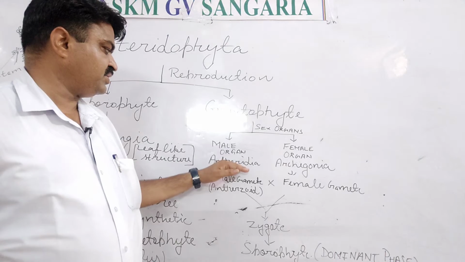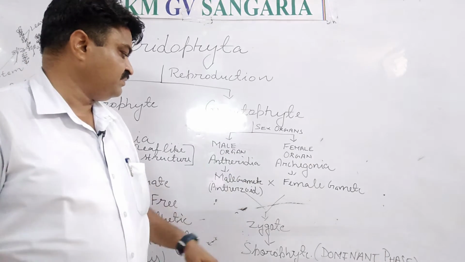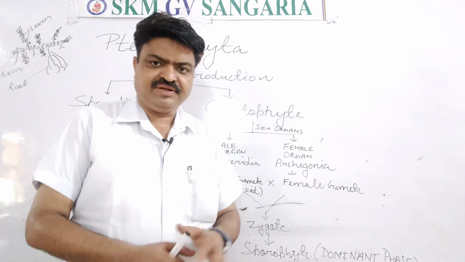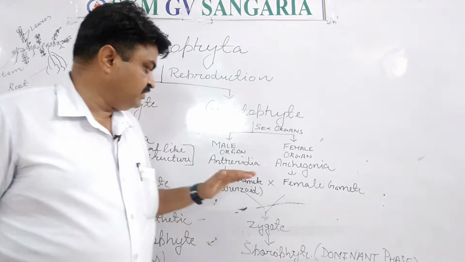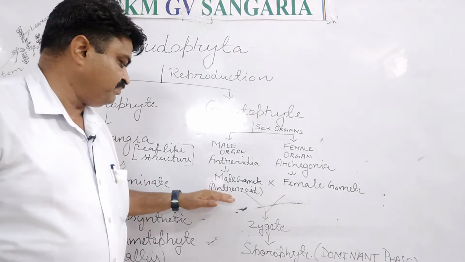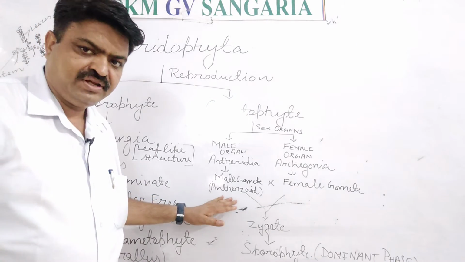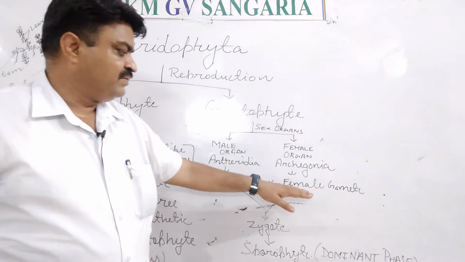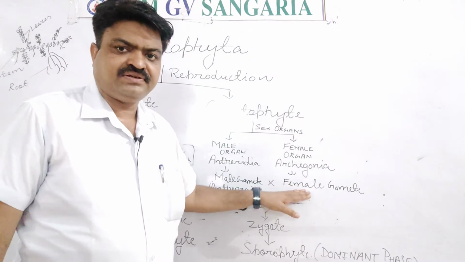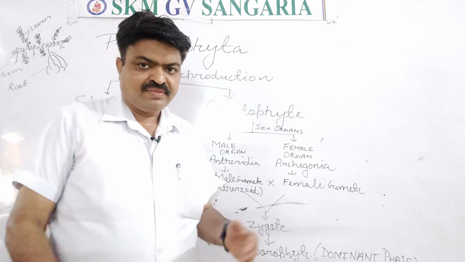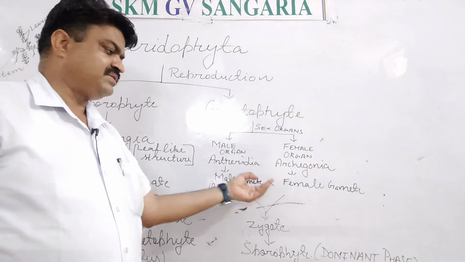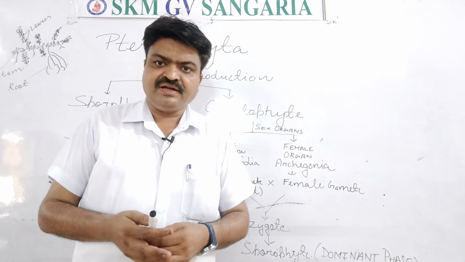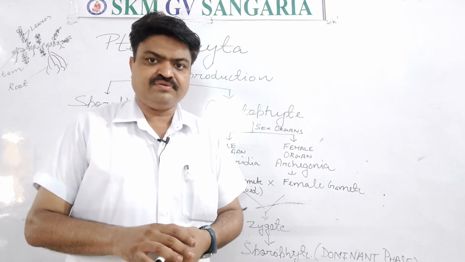Now these reproductive structures produce the male gametes and the female gametes. Means antheridia produce the male gametes that are known as antherozoids, and archegonia produce female gametes that are known as eggs. When these gametes are fertilized or meet with each other, then what do they form? They form the zygote.